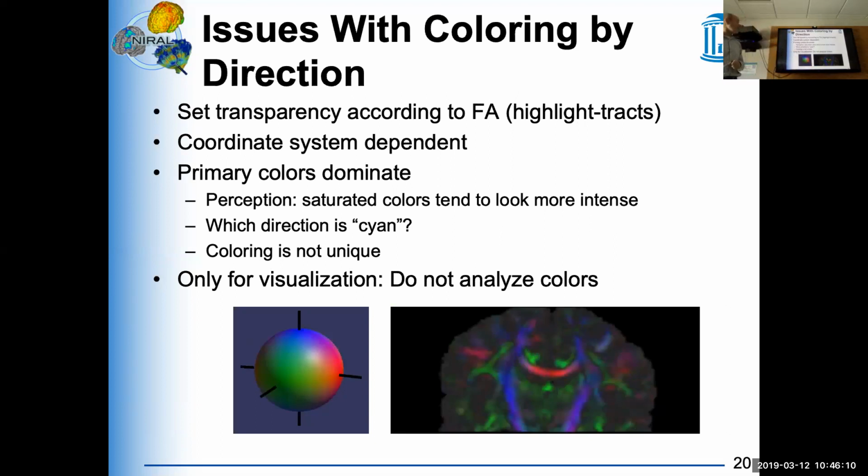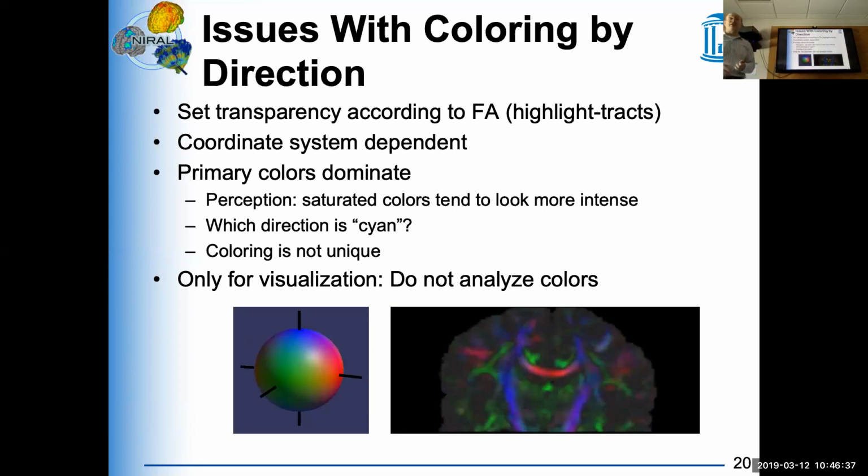Furthermore, we should never use this for quantitative analysis. I've reviewed papers where people took these RGB values and started analyzing them, and those are the easiest papers for me to review because I can just write reject. So this is really just for quality control purposes, as well as when you're doing investigative tractography, let's say you want to maybe get a tract.